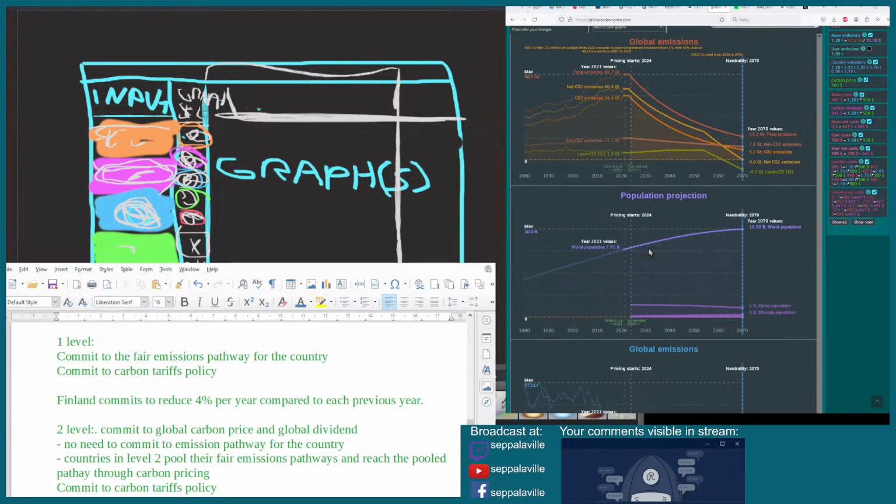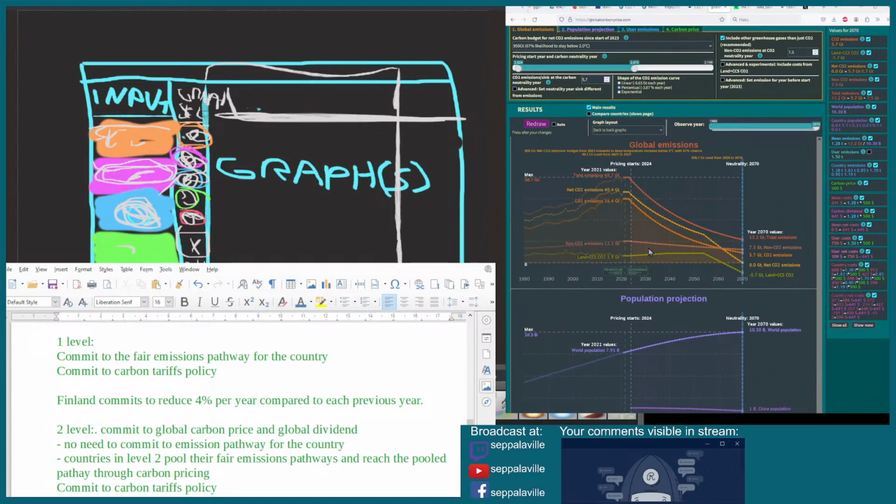But it's hard to present. So I've been thinking, this creates data tables in the background, and those data tables are used to make this graph.